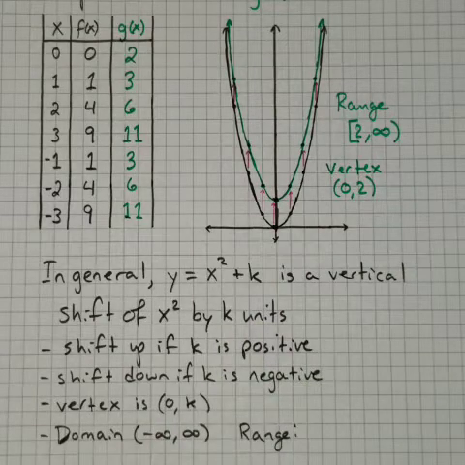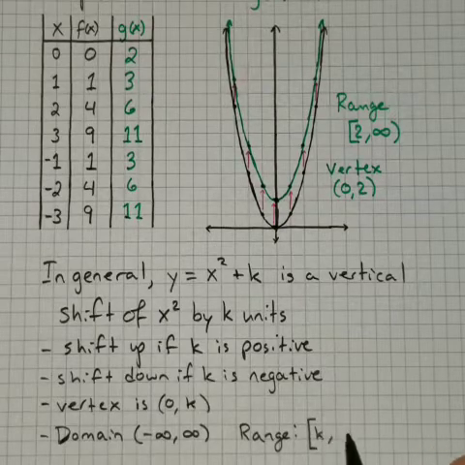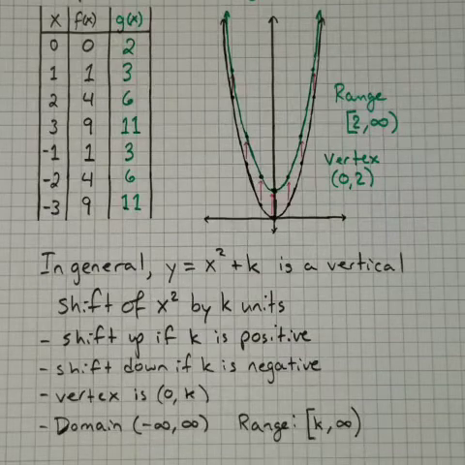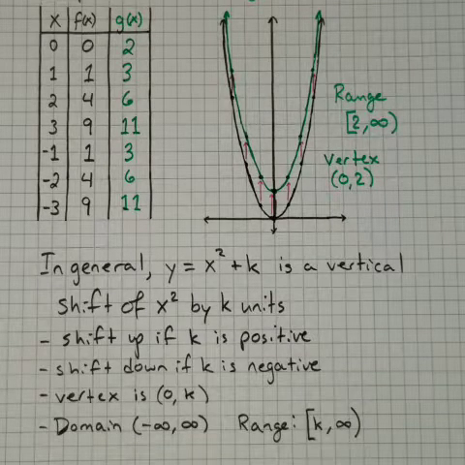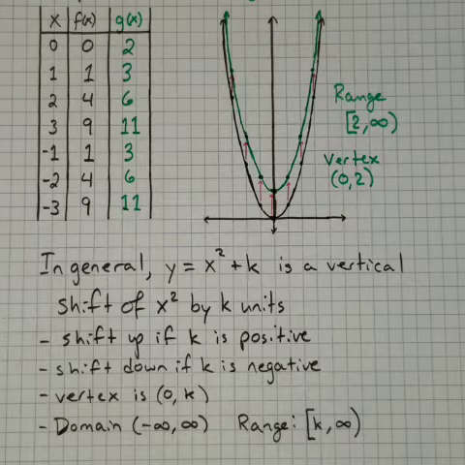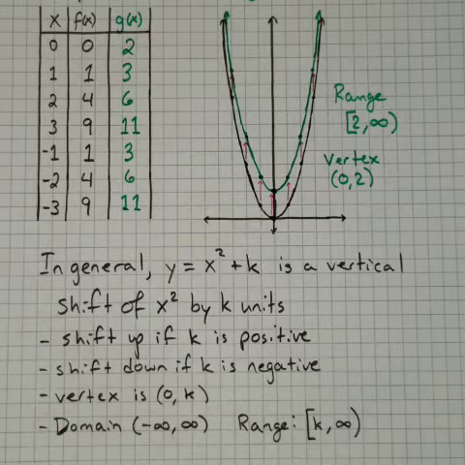And so in general, the range starts at that k value and goes up to infinity. Right, so that k value ends up being very important. It's also the value of the y-intercept in this example, but we're going to mainly focus on the vertex and the range for right now.